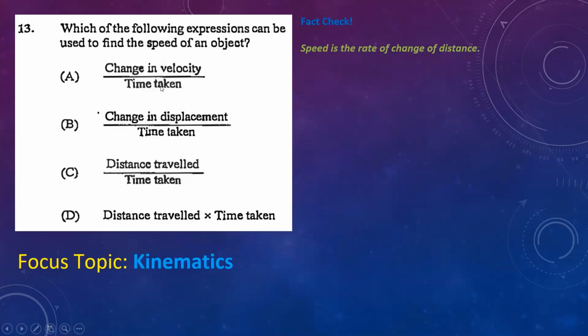Change in velocity divided by time is equal to acceleration, while change in displacement over time is equal to velocity. Distance traveled times time taken would not give us a useful quantity. So the answer is C.